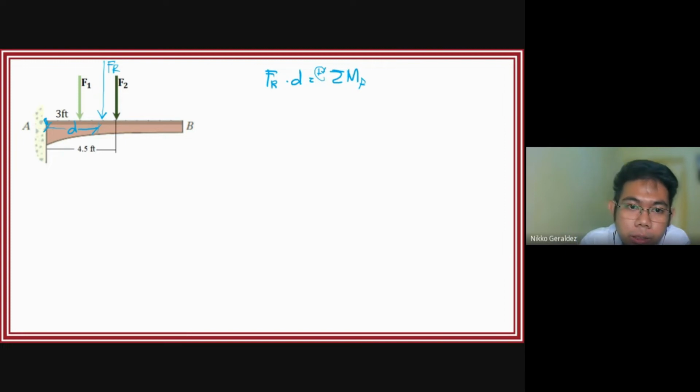So that is 675 pounds times D, equal to the summation of moments, F1, clockwise, counterclockwise.